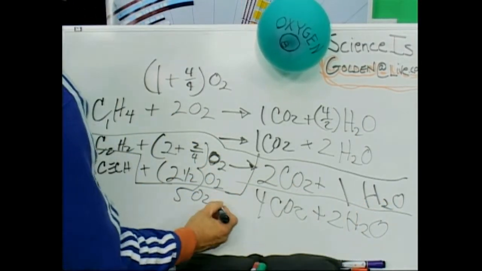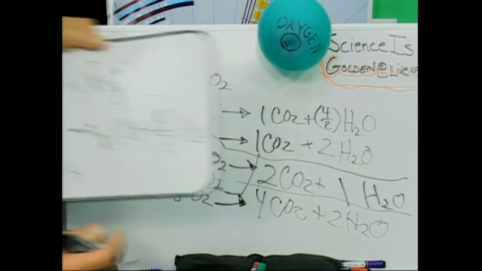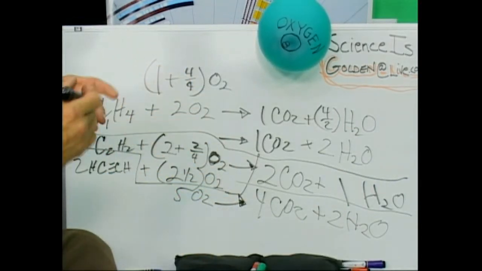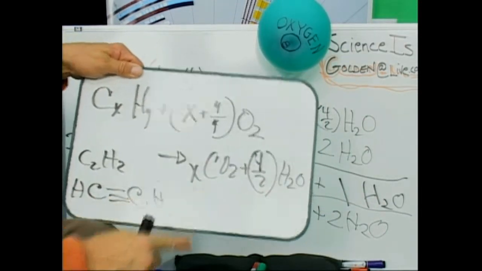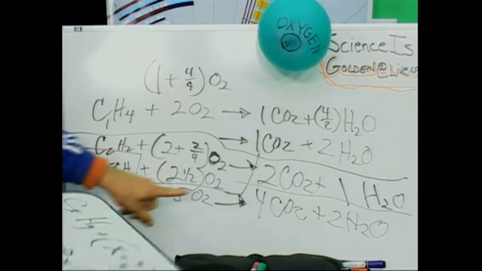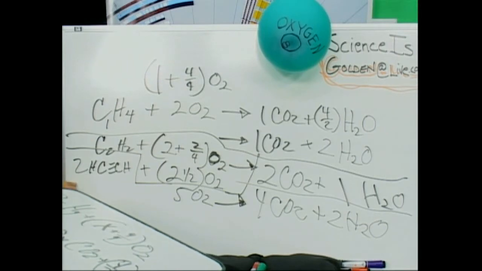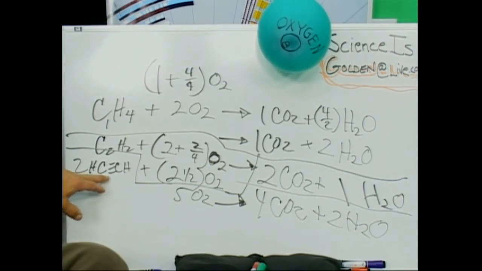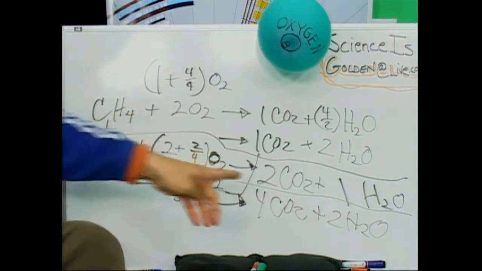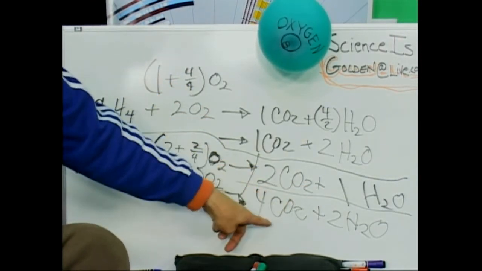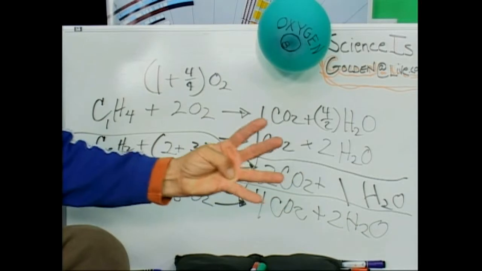All we have to do is make sure whatever we got on one side, we got on the other. So when you're balancing these equations, the first thing you do is start with the carbons. Count the carbons on both sides first. 2 acetylenes, yne means triple bond. 2 times 2 is 4. On this side we got 4 CO2s, 4 times 1 C is 4.